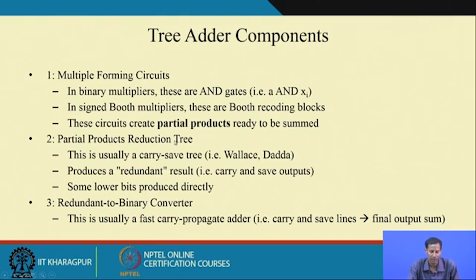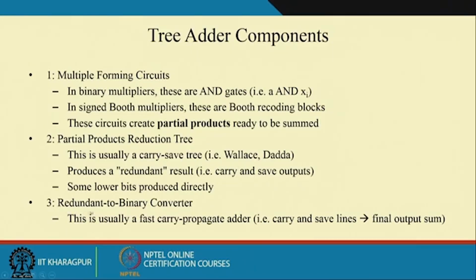Then the partial products tree uses the carry save adder tree, examples being the Wallace tree and Dadda tree, that we will see, and produces redundant results, that is, carry and save outputs, and some lower bits are produced directly as output.